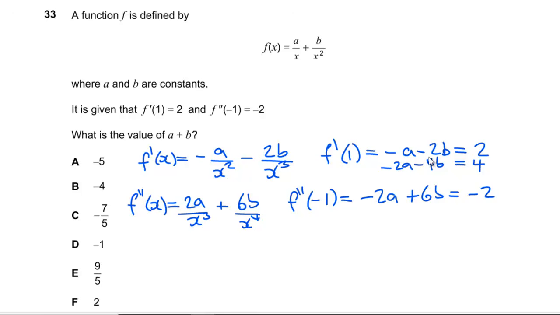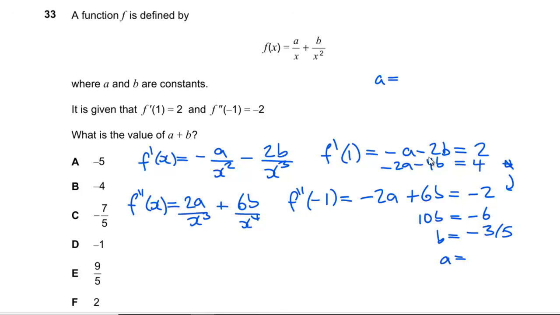And then I can subtract one from the other. So let's subtract this one from the bottom one. So that's going to give me 10b is minus 6. So b is minus 3/5, which means that a is going to be, what? Let's go back into this one.